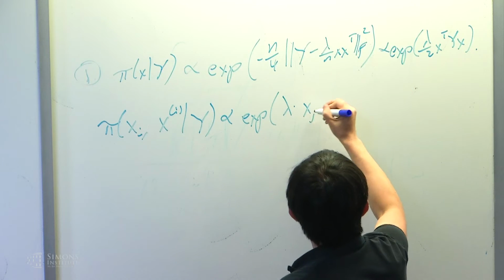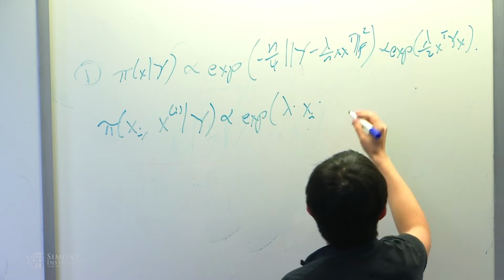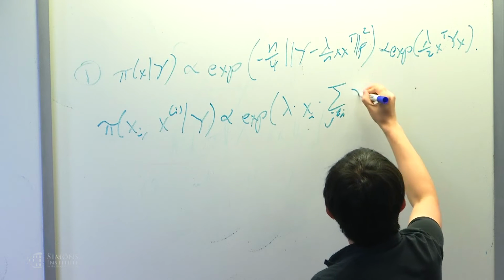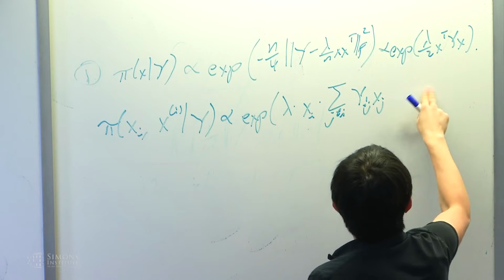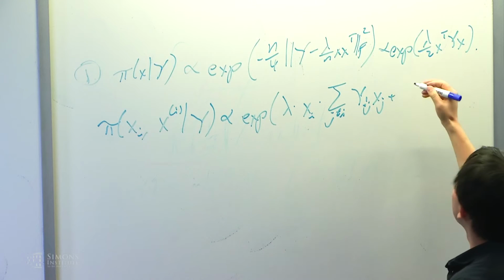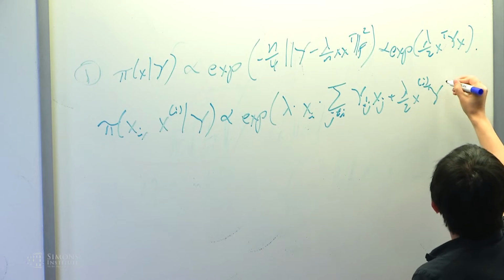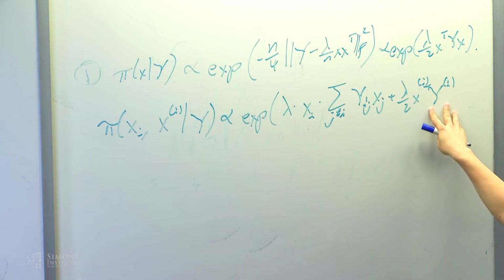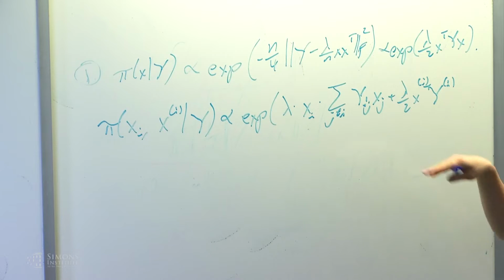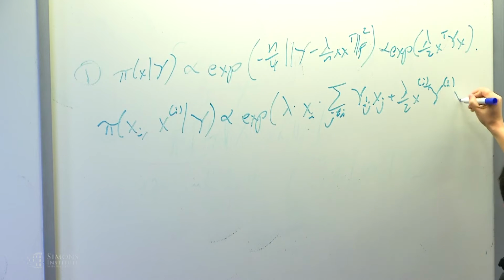It's lambda times xi times the sum over j not equal to i of yij xj. And then plus the rest of this stuff that doesn't depend on xi, so it's lambda over 2 x super I transpose times the minor of y, the n minus 1 by n minus 1 minor of y with row and column i removed, times x super I. So I can write the density in this way and single out this coordinate.